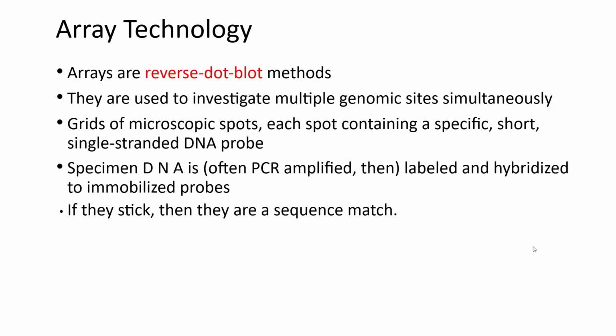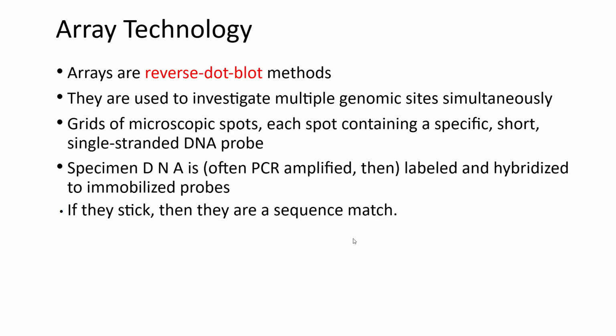So I don't have a picture of this, but basically if you picture a little card and you picture all of these dots in rows on the card, and every one of those dots has a very specific single-stranded DNA probe. Now we're going to take our specimen DNA and we label it. So we're going to put some type of amplification signal on our specimen DNA.